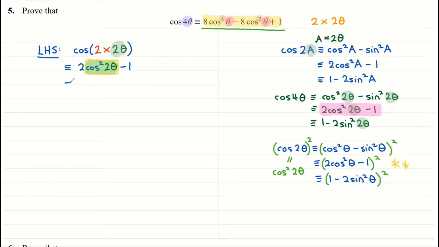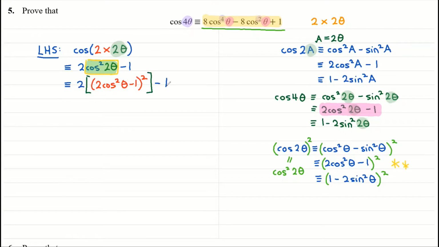So this is going to be identical to 2, and I'm going to open big brackets here, and square the 2 cos squared theta subtract 1, all squared. And then I'm going to subtract 1 on the end.